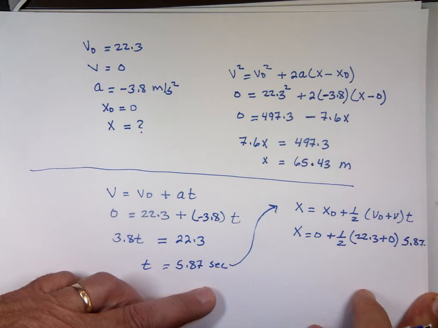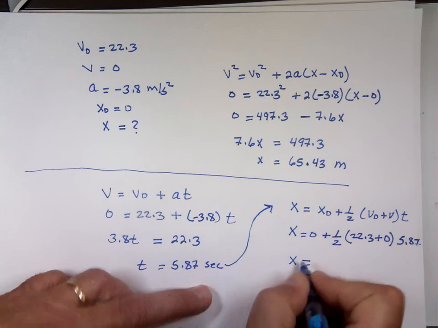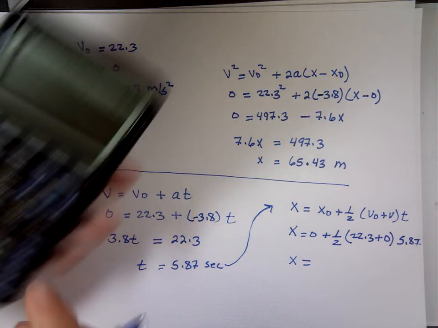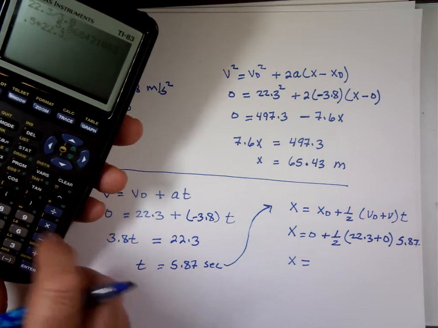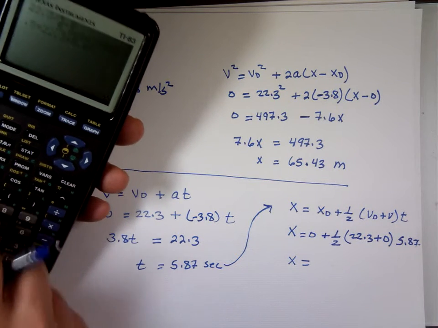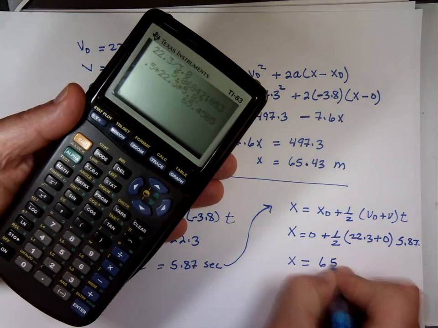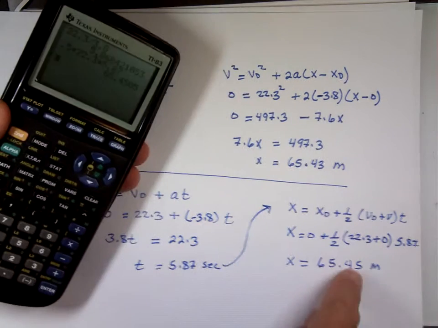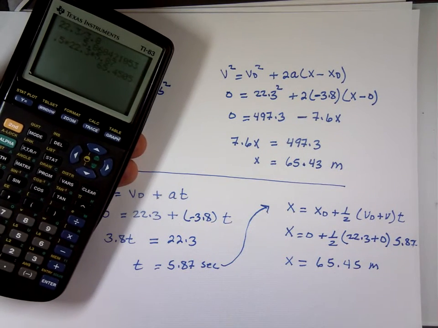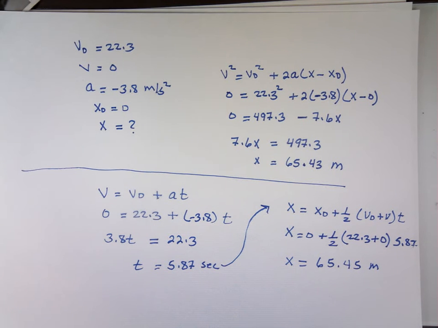Yep. .5 times 22.3 times 5.87, and it is 65.45 meters. Again, the difference of 200th of a meter is rounding errors. So it's the same answer. It's going to be 65.4 meters before we come to a complete stop.